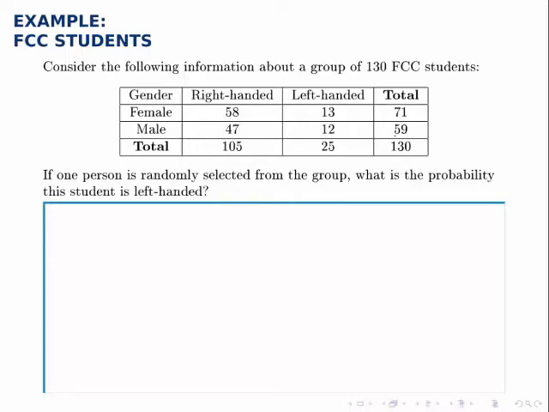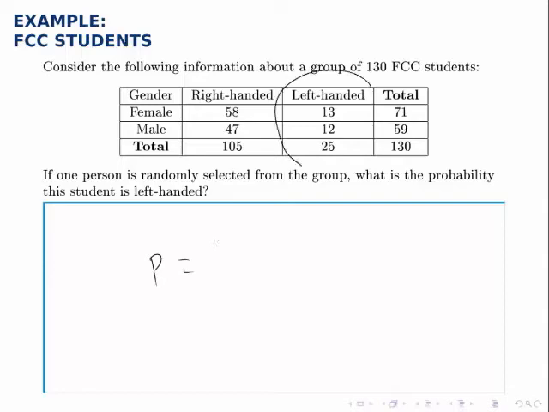Now we're asked, if we randomly select one person from this group, what is the probability that this student is left-handed? All we have to think about is the number of ways that we could select a left-handed student divided by the total number of ways that we could select any student. The number of ways to select a left-handed student is just the number of left-handed students there are.